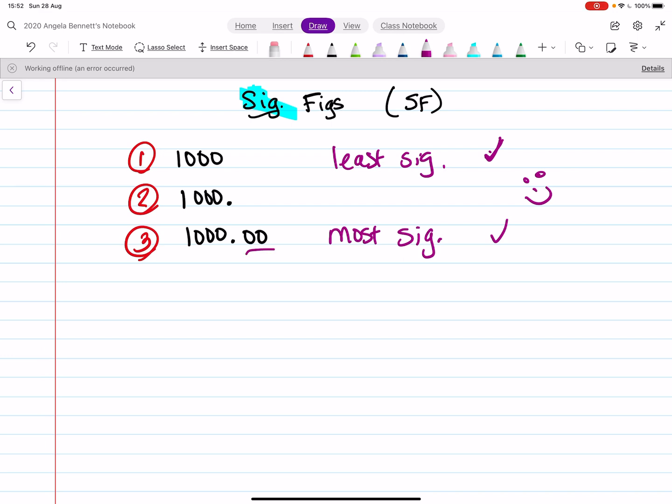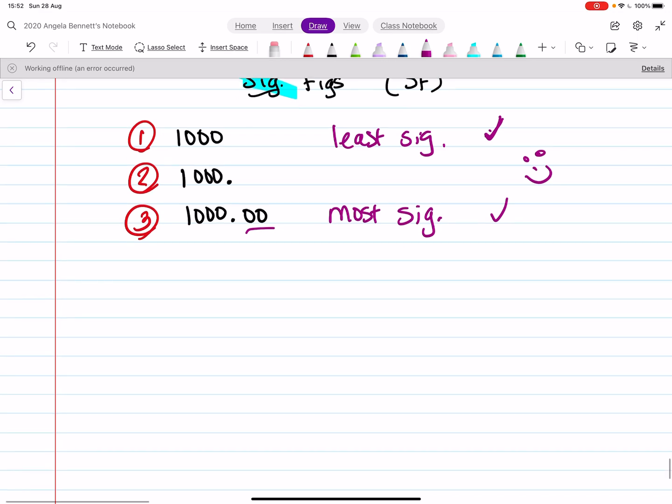And so what we're going to talk about today is how to find out exactly how many of the digits are significant. So when we're talking about digits, like we have these numbers that are written here, this entire number is 1,000. But this is a digit, and this is a digit, and this is a digit, and this is a digit. So it has 4 digits written.